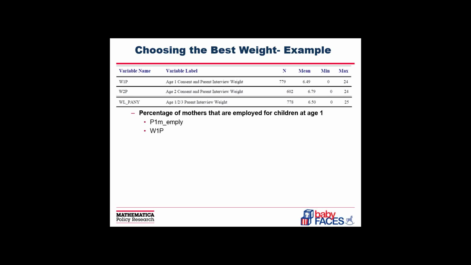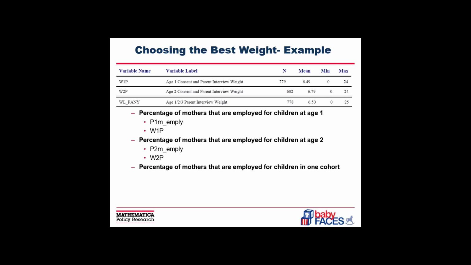Similarly, if you would like to find the mean of mothers that are employed for children at age 2, you would take the mean of P2M_employ, using the weight W2P. As you can see from this example, the second character of the cross-sectional weights, which is 1 for W1P and 2 for W2P, corresponds to age, and the third character, which is P for both of these weights, indicates that the weight is used for parent interview data.